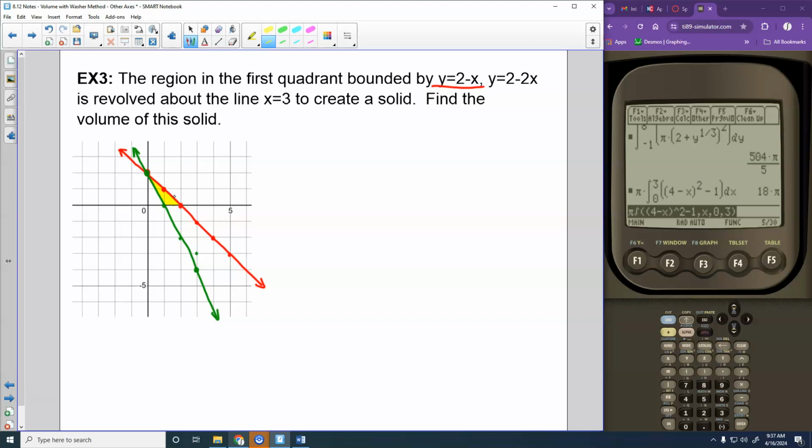All right, what are we rotating around? X equals 3. So x equals 3 is a vertical line at 3. So it's this line right here that we're rotating around.